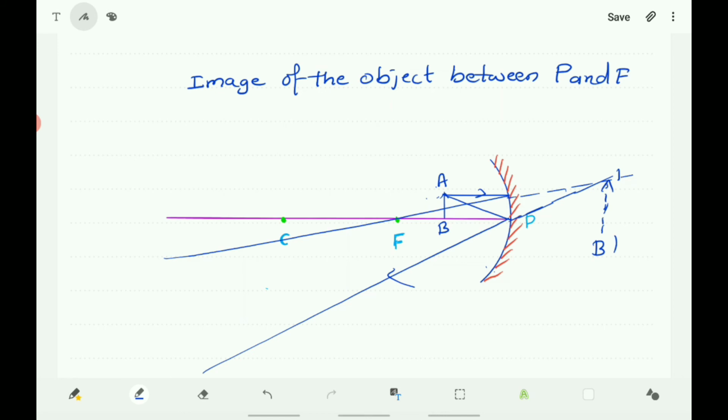Here AB is the object and A dash B dash is the image, and this is a virtual image and it is a magnified image of the object which is formed behind the mirror.